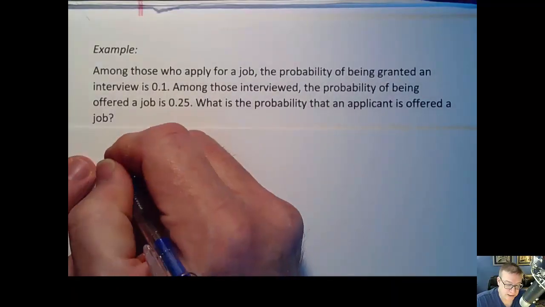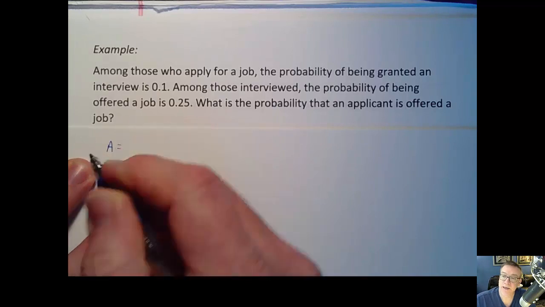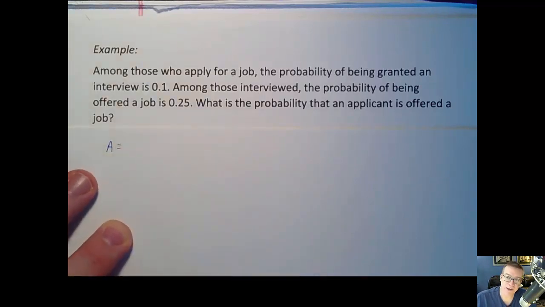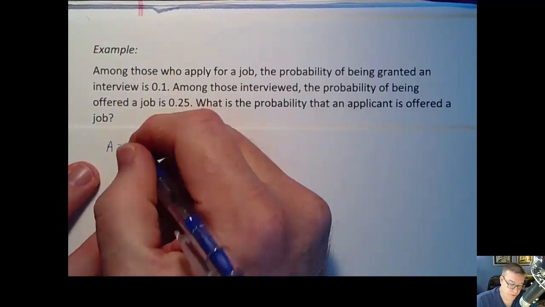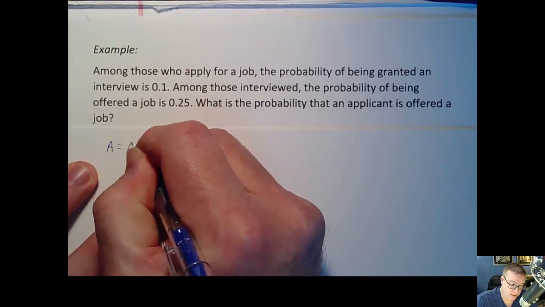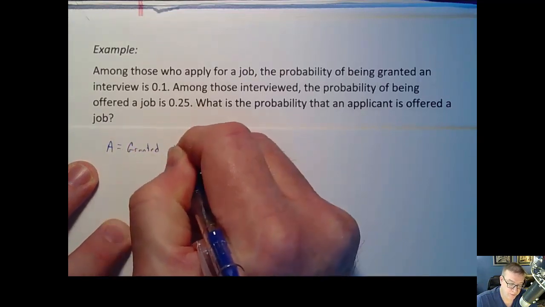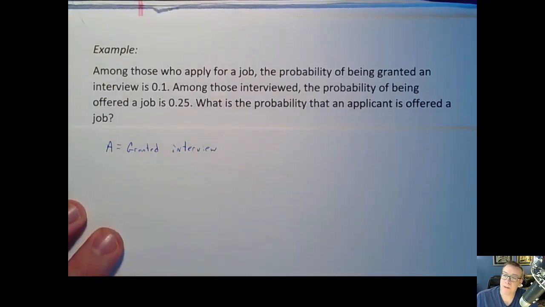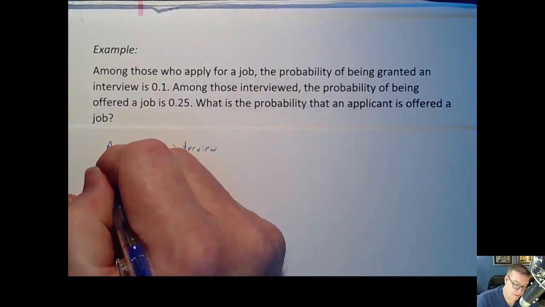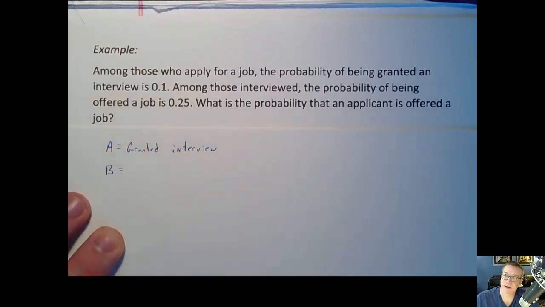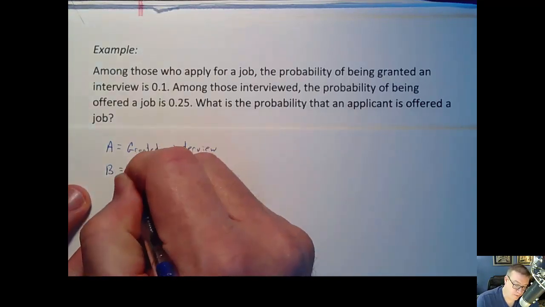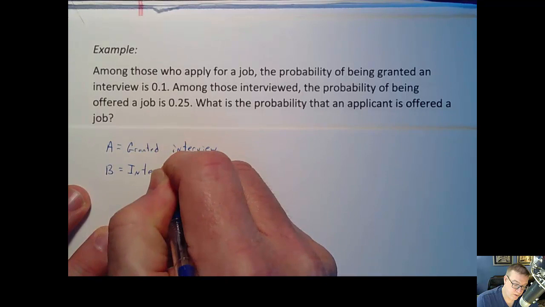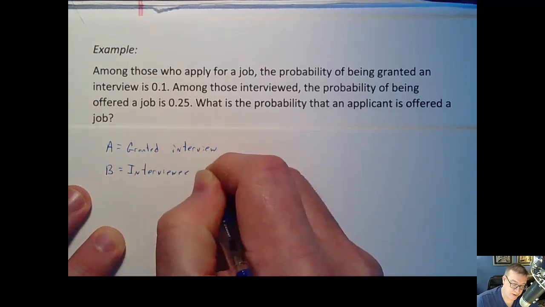Okay, so let's label these things. Let's say A is the event that an applicant is granted an interview. And let's think about B. Let's say that B is the event that an interviewee is offered a job.